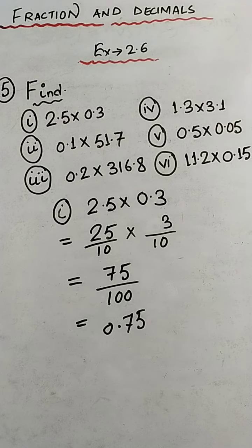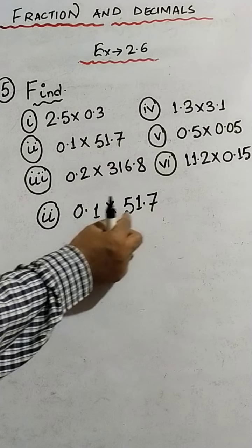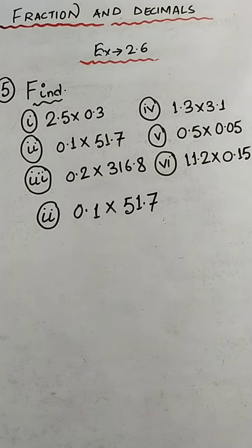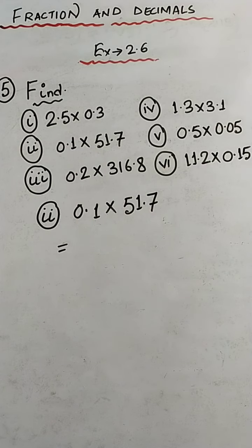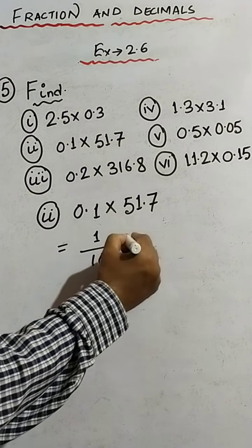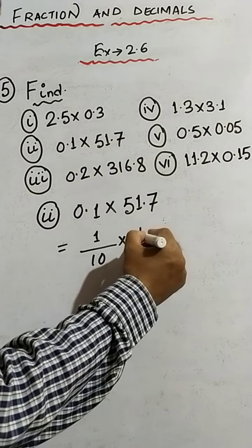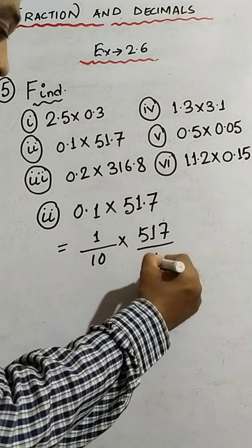Now let's do sum number 2, that is 0.1 into 51.7. First, we have to convert the decimals into fractional form. That would be 1 upon 10, and this number would be 517 by 10.